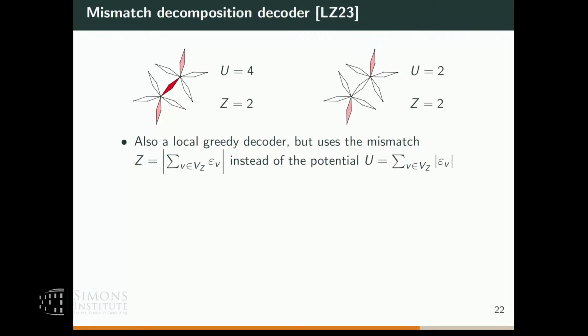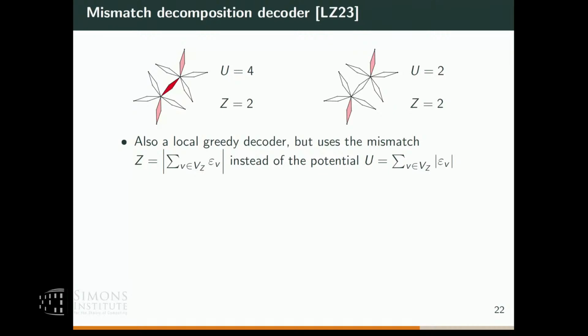This is also a greedy decoder that's making local flips. The difference is that it's using this mismatch function instead of this potential function. For the potential function, we sum the weights of all of these candidate corrections. For the mismatch function, we sum the candidate corrections mod 2 first, and then we take the weight of that resulting vector.